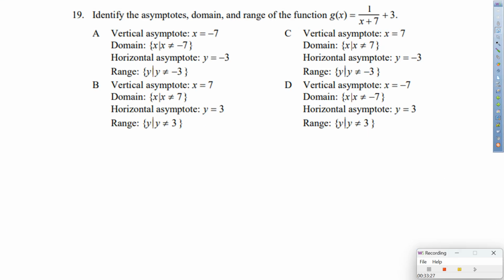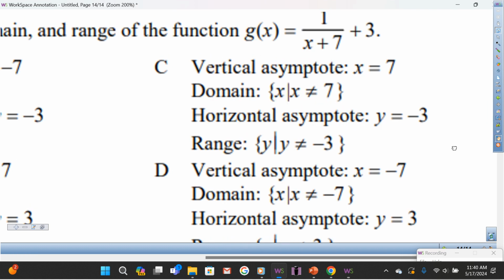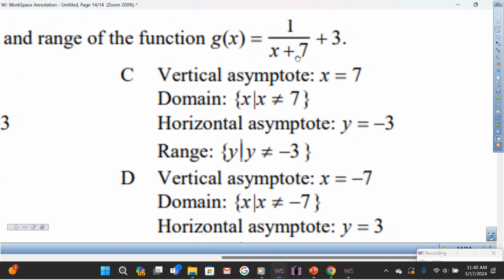Number 19. It says, identify the asymptotes, domain, and range of the function. And for these, if you focus on the asymptotes, you're going to be fine. So look at this one. Let me zoom in. g of x equals 1 over x plus 7, plus 3.